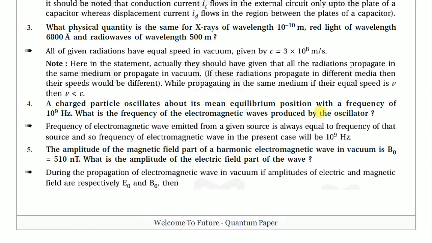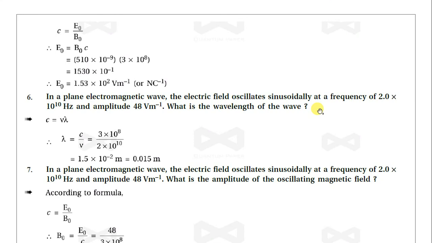During the propagation of electromagnetic waves in vacuum, if the amplitudes of the electric and magnetic fields are E0 and B0 respectively, then C is equal to E0 upon B0.